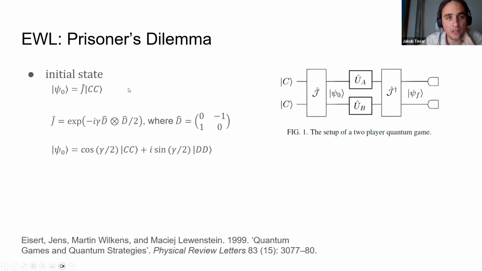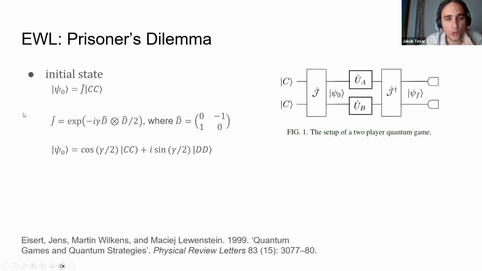So you have the initial state. We have the tensor product of cooperation of the two. You apply J to this, and it has a specific form. It's an exponential of minus i gamma, tensor product of two D matrices, divided by 2, and the matrix is like this, which changes the cooperation to defection, if I'm not mistaken.